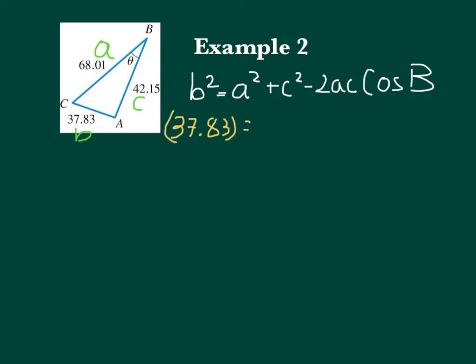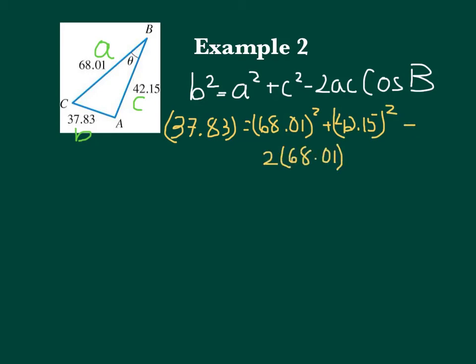That equals 68.01 squared plus 42.15 squared. And then I subtract off 2 times 68.01 times 42.15 all times the cosine of b. And remember, I don't know b, so that's just going to stay as that.